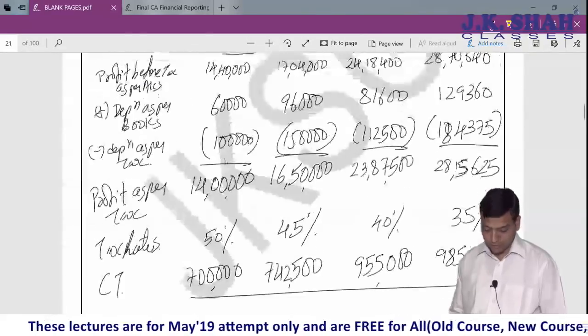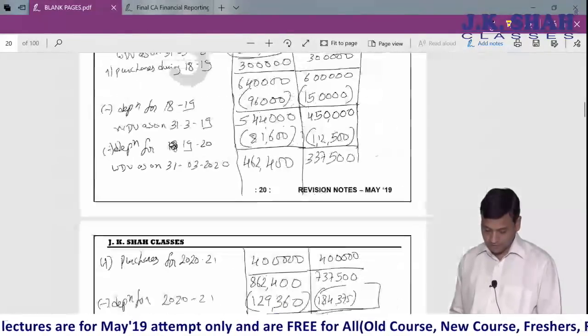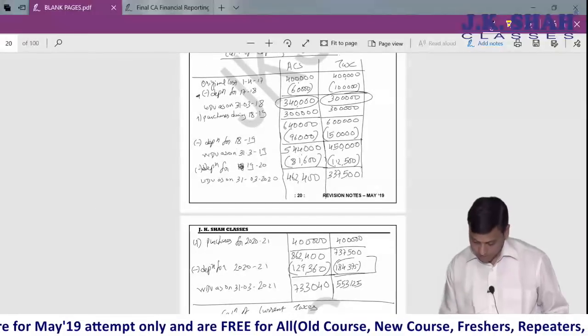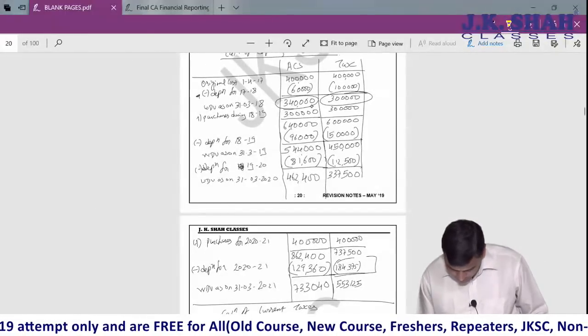These amounts have been brought from our table. Nothing but we are finding out the WDV.